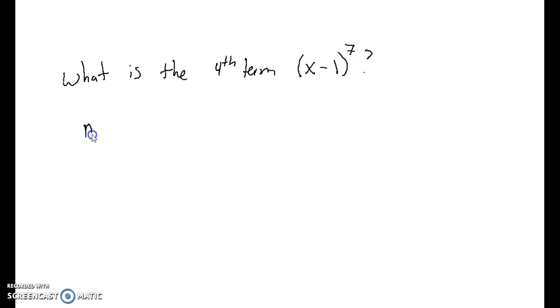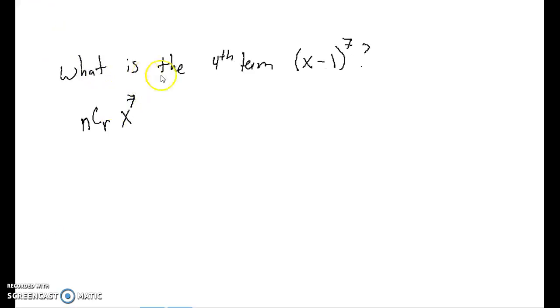Fourth term, so nCr, and this will be x to the power of 7 minus 3, because our n is really 7C3, and then this will be x to the power of 4 and y to the power of 3.